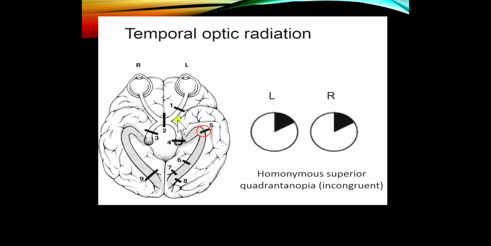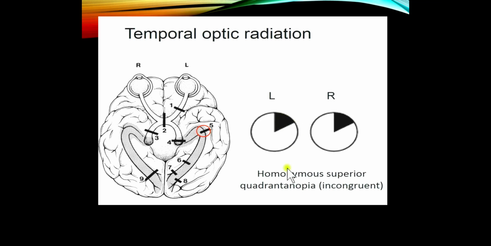Okay, so vision goes through the lateral geniculate nucleus here, and then they go through the optic radiations. It turns out that the optic radiations, a smaller portion of it goes through the temporal lobe, a larger portion goes through the parietal lobe. The temporal lobe part of the optic radiations we call Meyer's loop, okay? And because it's a smaller portion of it, you get just this kind of pie in the sky.